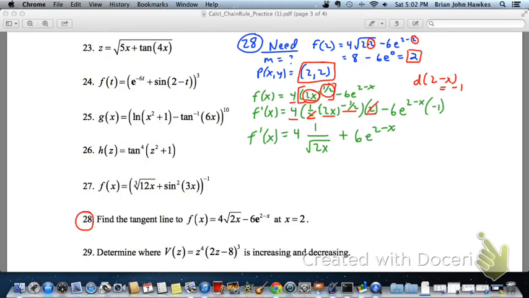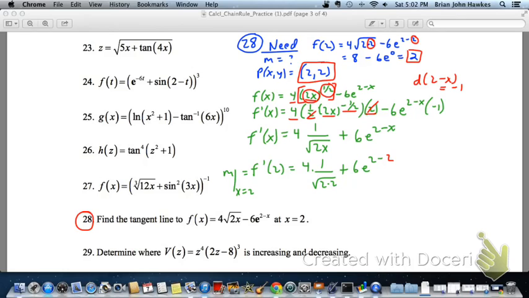If f prime of x is equal to this whole expression, then f prime at 2, which is exactly what we want, is the slope when x is equal to 2. So f prime of 2 is equal to 4 times, it's as simple as replacing x with 2. So 4 times 1 over radical 2 times 2, plus 6e to the 2 minus 2.